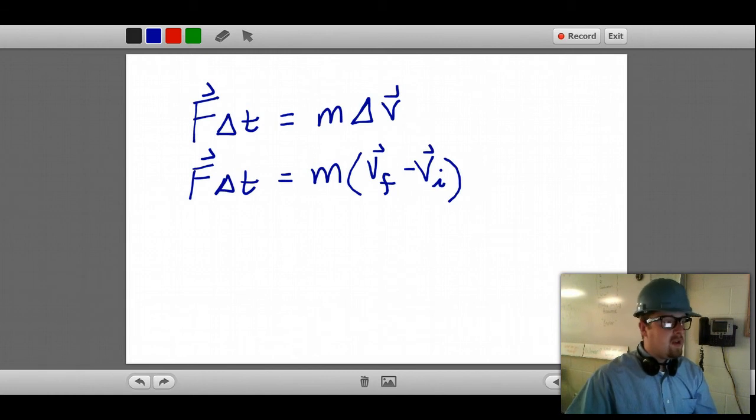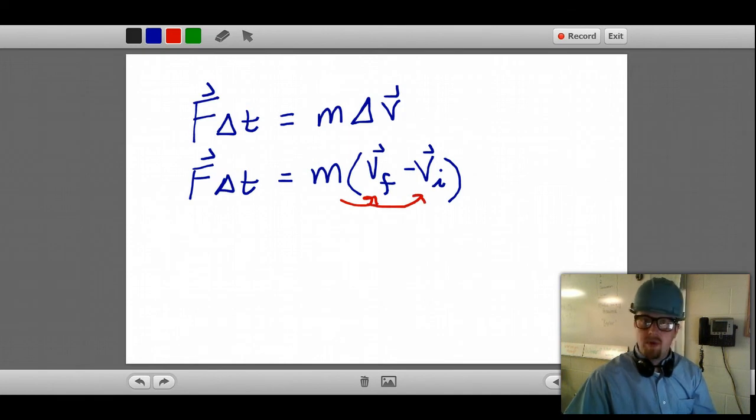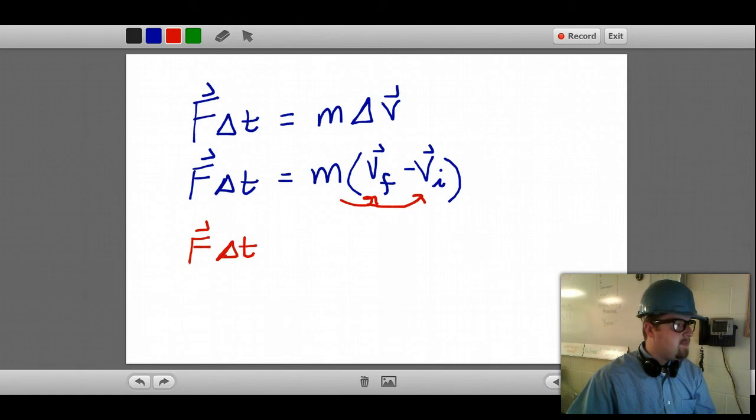Or you could also even go so far as to apply the distributive property here, distribute the mass through, and you end up with F delta T is equal to mVF minus mVI.